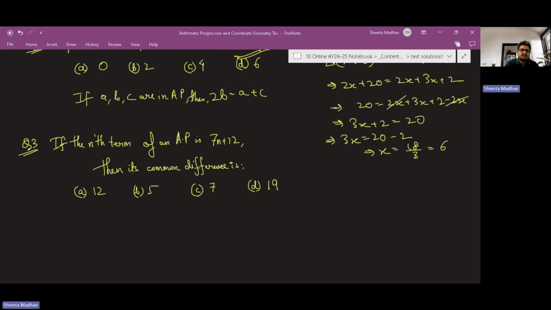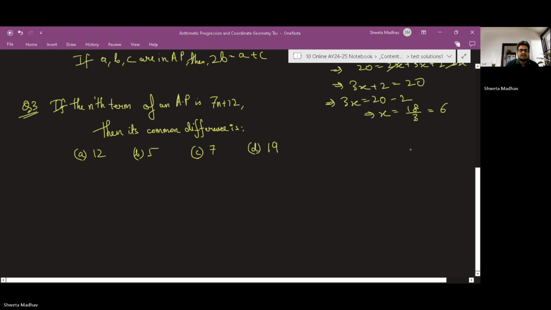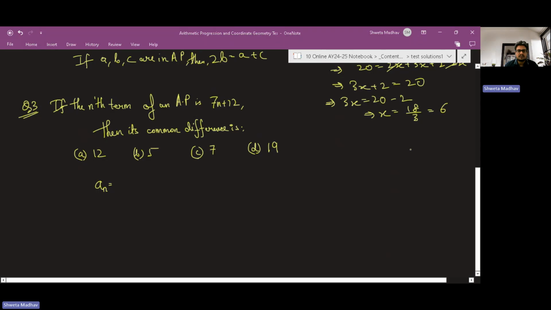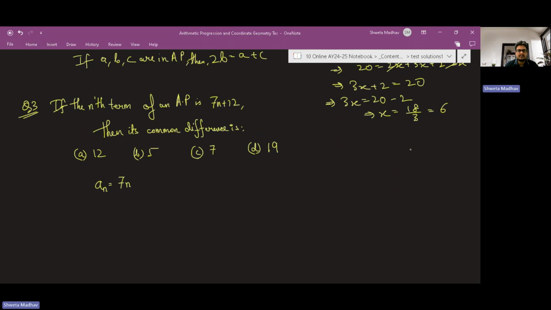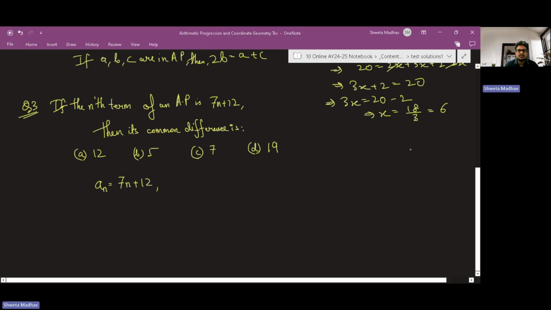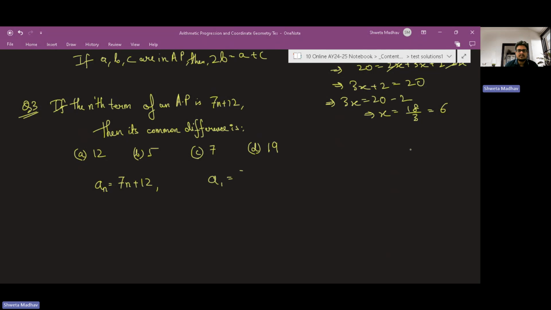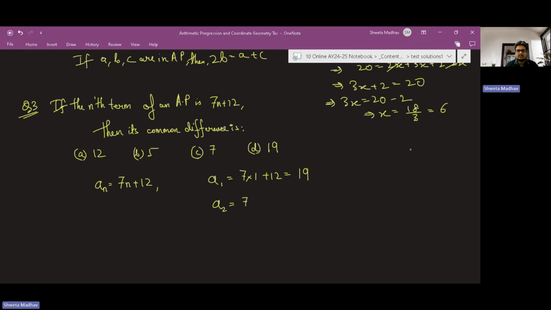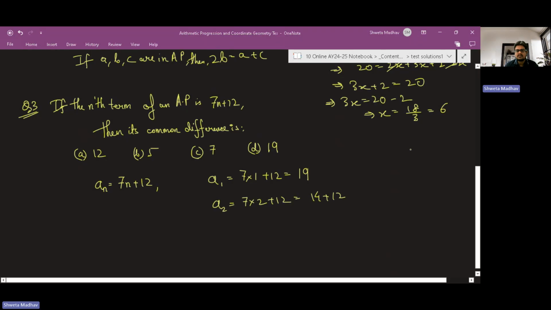So we know that the nth term of an AP, an, here is given as 7n plus 12. So the first term a1 will be 7 into 1 plus 12, that is equal to 19. Then the second term a2 will be equal to 7 into 2 plus 12, that is 14 plus 12, which is equal to 26.